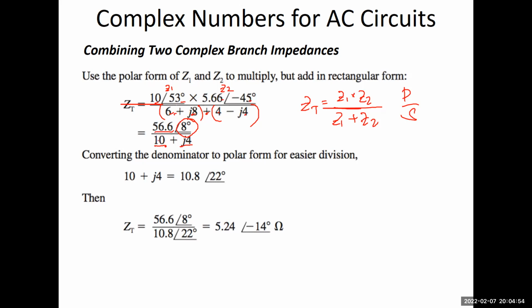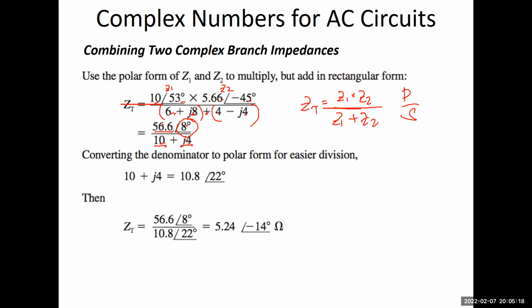We convert now the denominator 10 plus J4 into polar form kasi mas madali tayo mag-compute, okay? If both are in polar form kasi i-divide lang naman natin yung mga magnitudes and then we subtract the phase angle.